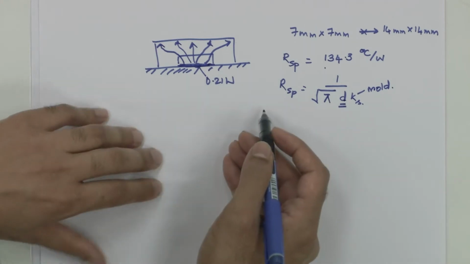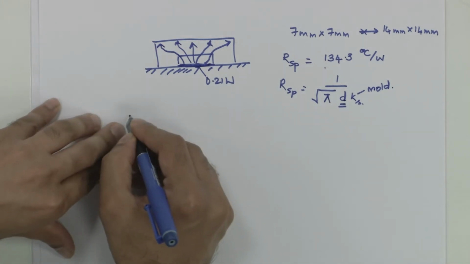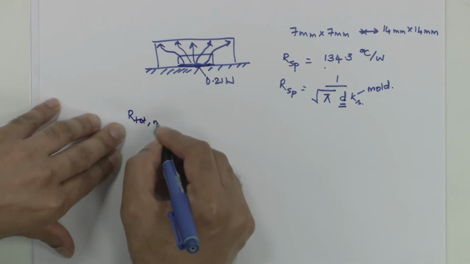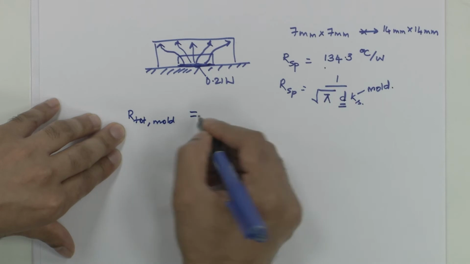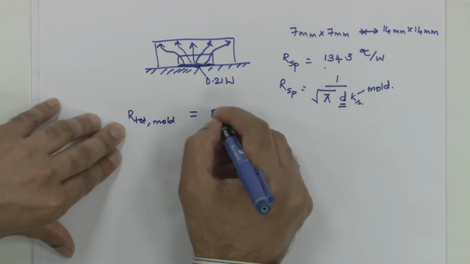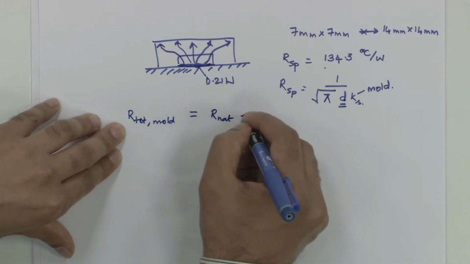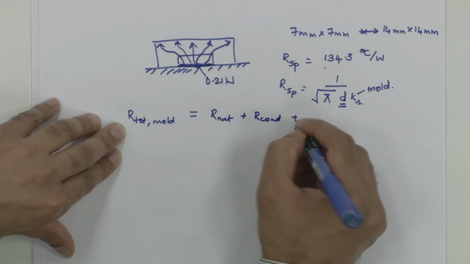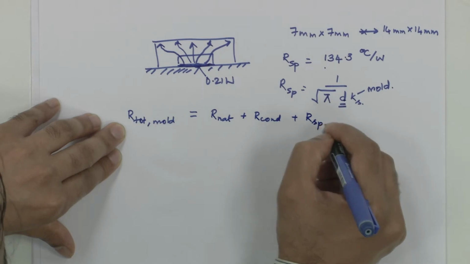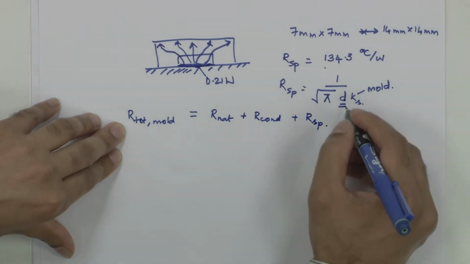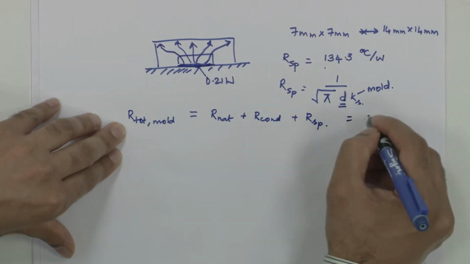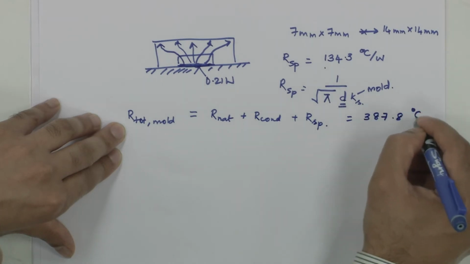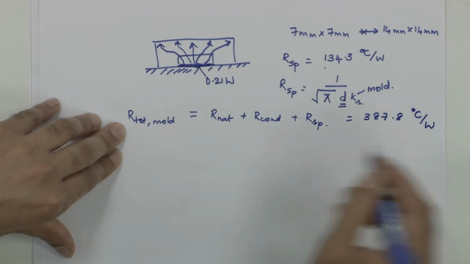So, if I add all the resistances for this case of mold, the total resistance for mold is nothing but R natural convection from the top plus R conduction at the base plus R spreading resistance. Then I have a total resistance of 387.8 degrees C per watt.